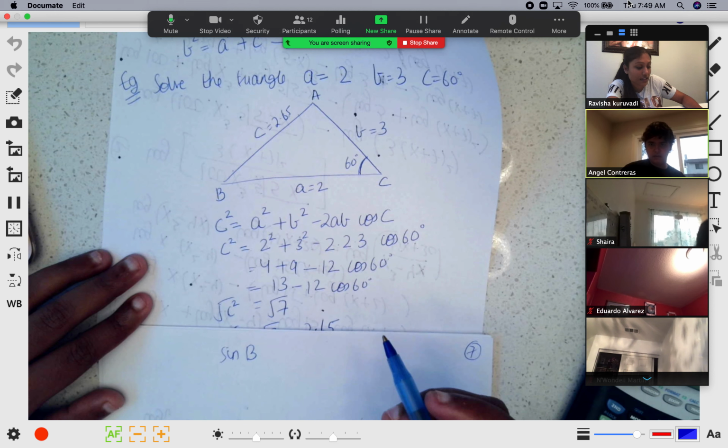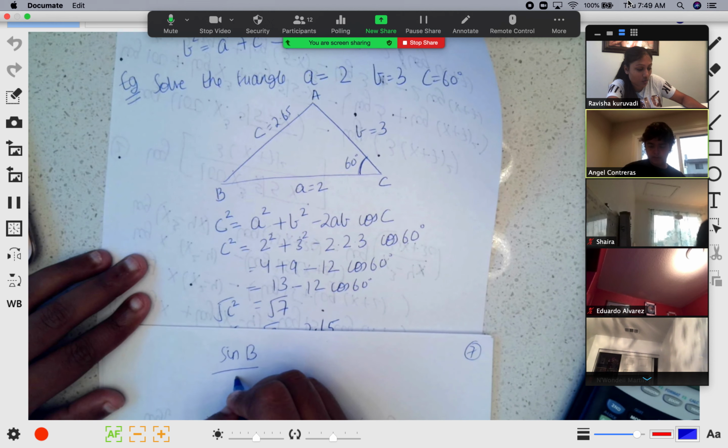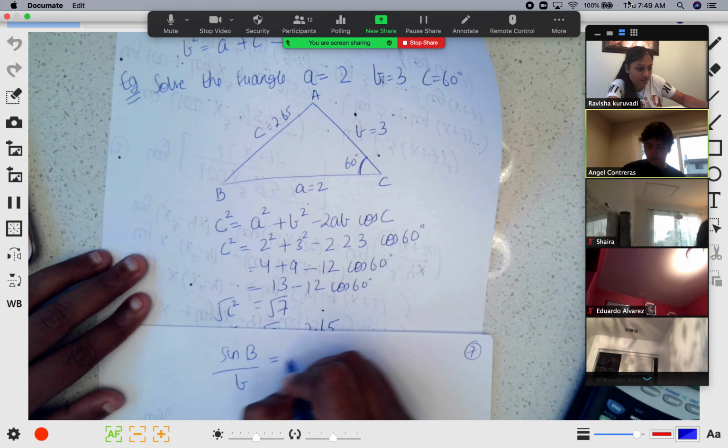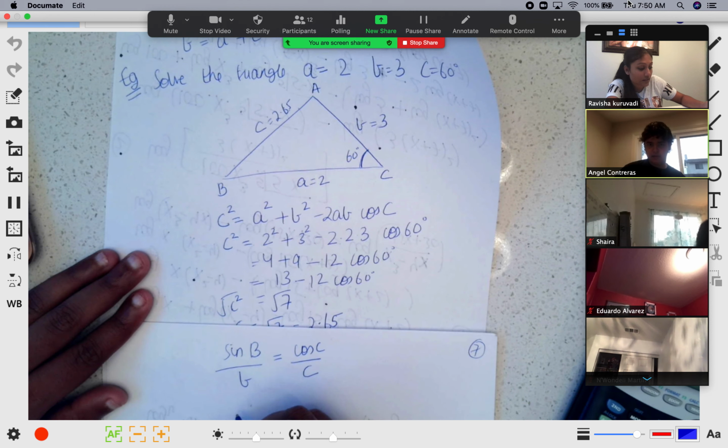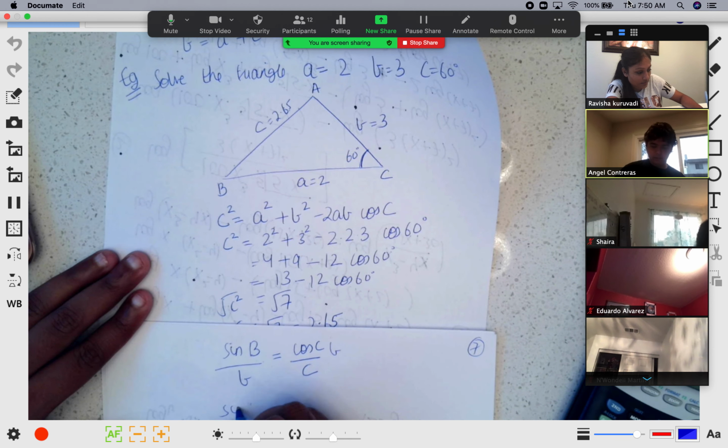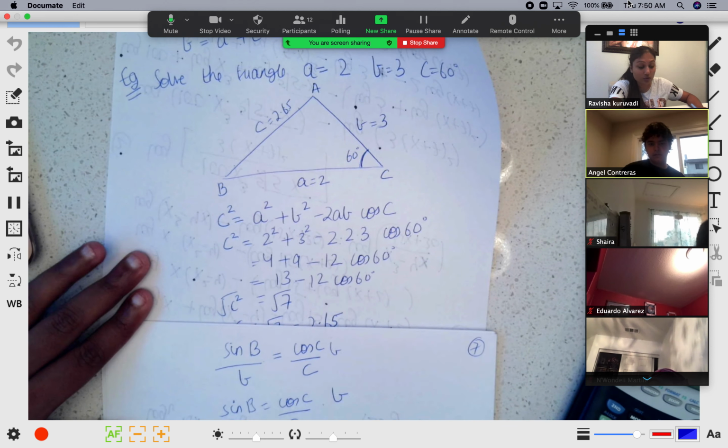Oh, you're saying the law of sines. So sine b over b is equal to sine c over c, and then we just multiply b on both sides. So sine b is equal to sine c over c times b, correct? And so we need to find b here, right?